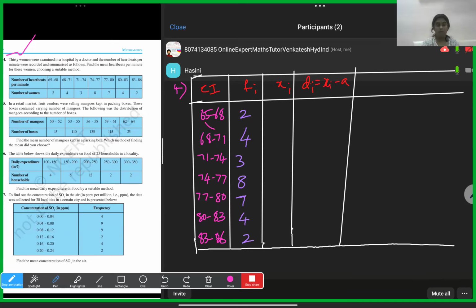We get lower limit plus upper limit by 2, 65 plus 68 by 2. 65 plus 68 is 133. 133 by 2 is how much, Hasni? 66.5. Okay, Hasni? Okay, sir. We get 66.5 for this value.